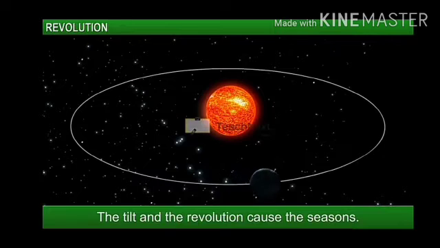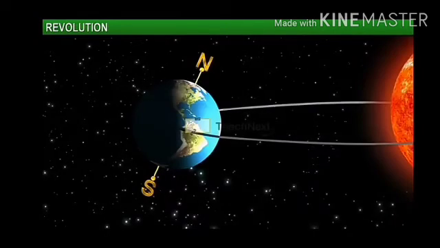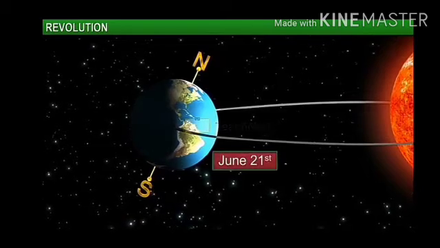This tilt and the revolution is the reason that we have different seasons in different parts of the Earth. Let's see how that happens.